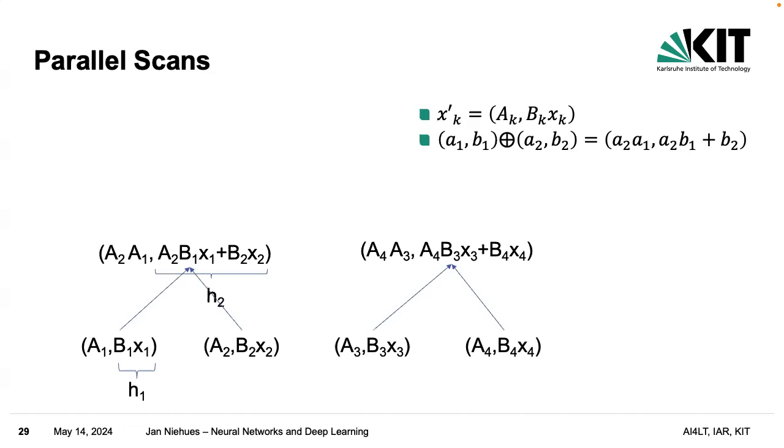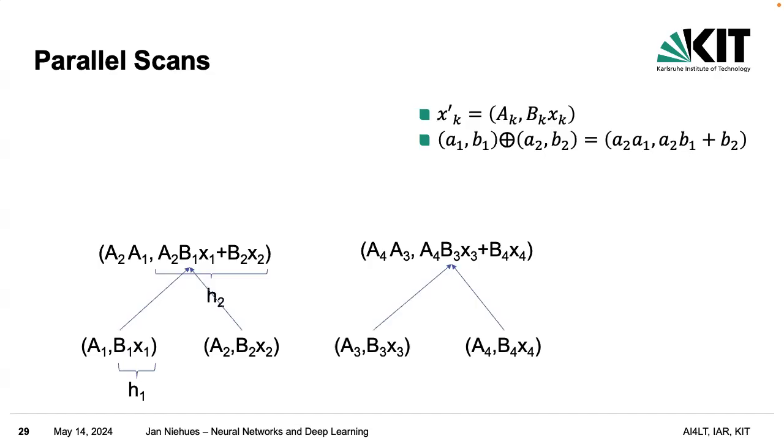If we're doing that here, we get matrix A2 times A1, and then the second term is A2 times what was here in the second part, which is B1 times X1, plus what is here in the second one, which is B2 times X2. So this is just applying the rule up there on these two examples.